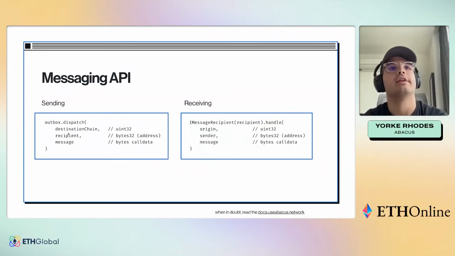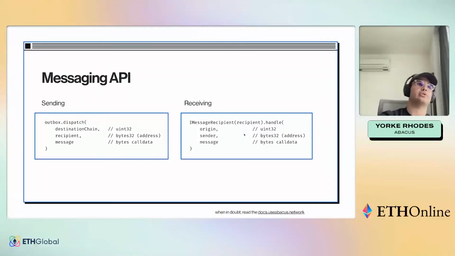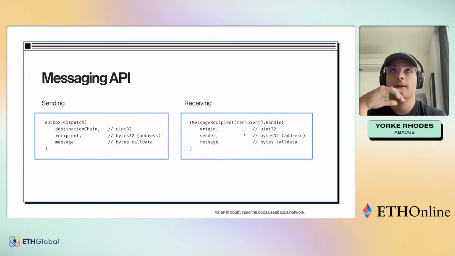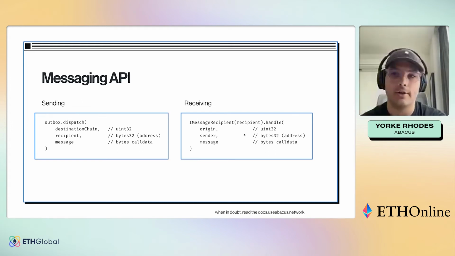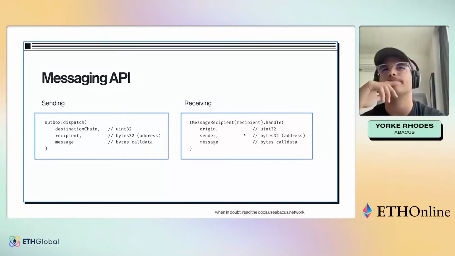However, the recipient address that you're dispatching mail to must actually implement a specific interface and have this compliant API. So a smart contract that wants to receive messages through this messaging API must implement this interface, IMessageRecipient, and have this handle function, which gets called by the inbox contract when mail is received from the Hyperlane network.